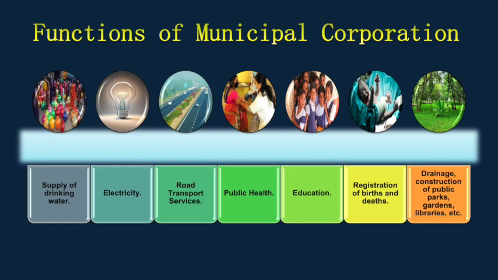It also handles electricity, road transport, public health, providing education and construction of schools, and providing basic amenities in the schools. Also, they are responsible for issuance of birth and death certificates of the citizens. Drainage and other public works are under the purview of municipal corporations.